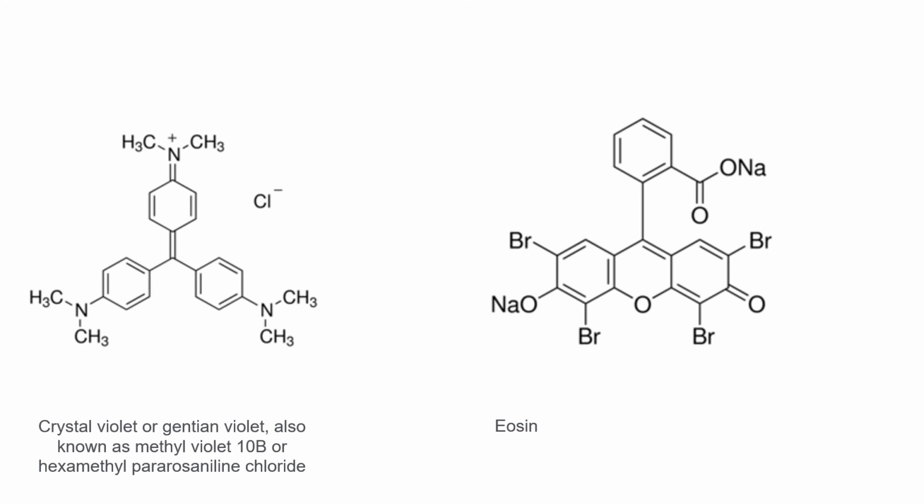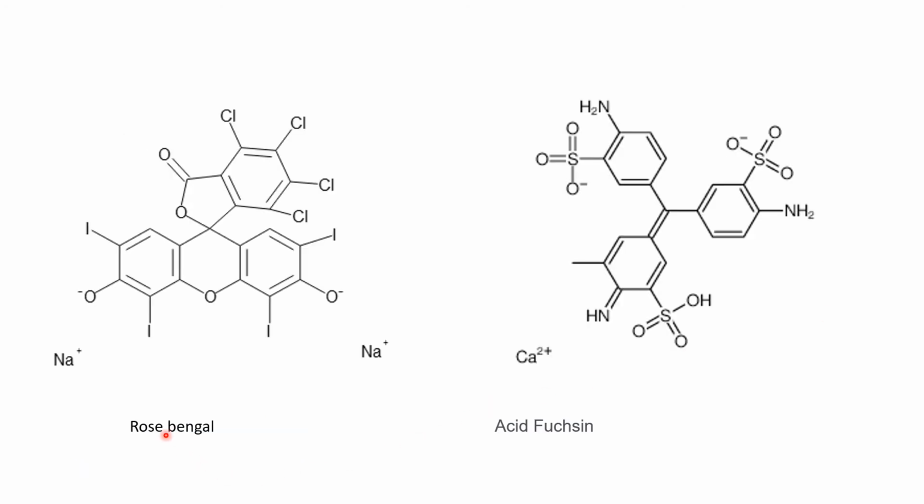Then rose bengal. There is sodium here. We all know that sodium is positive, so it will form a complex with the negatively charged oxygen here. This negatively charged oxygen makes this pigment acidic. And of course, from its name, acid fuchsin is acidic. Why acidic? We have a negatively charged oxygen here, and we can make a salt with, of course, calcium ions.